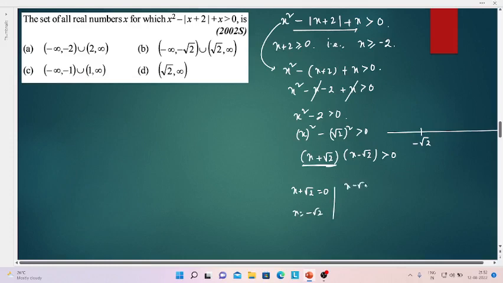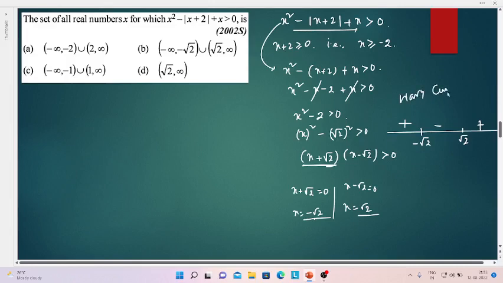Similarly, if x minus root 2 is 0, we have x equals root 2. So minus root 2 is there, plus root 2 is there, and 0 is somewhere in the middle. But we don't need to write this down because we don't have any x as 0. So that part will be plus, that part minus, that part plus, by the wavy curve.